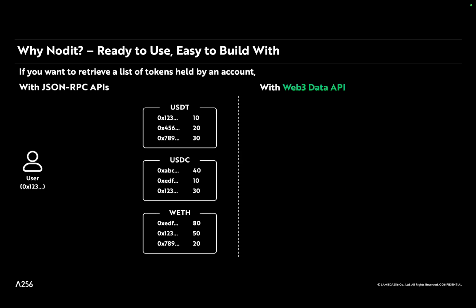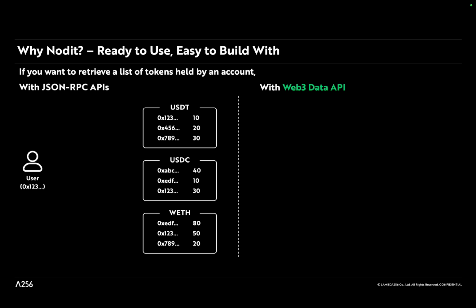Let's say you want to get a list of ERC20 tokens held by a specific Ethereum account. The first challenge is you need to know the contract addresses of all tokens that the user might own. But here's the thing with JSON RPC APIs alone, there's no way to get this list. So the chain doesn't give you a token summary per account.